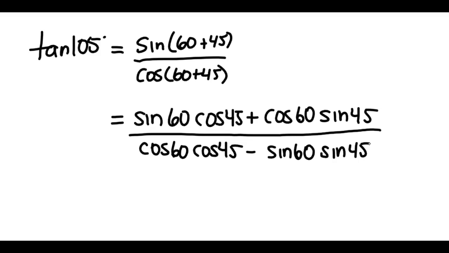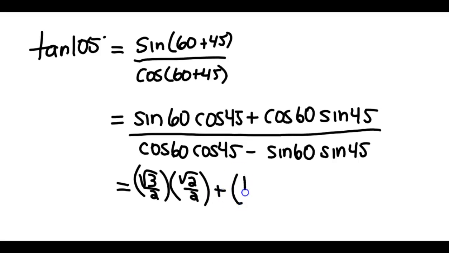Okay, now we just need to replace all of those with values from the unit circle. So sine 60 is root 3 over 2. Cos 45 is root 2 over 2. Cos 60 is 1/2. Sine 45 is root 2 over 2.